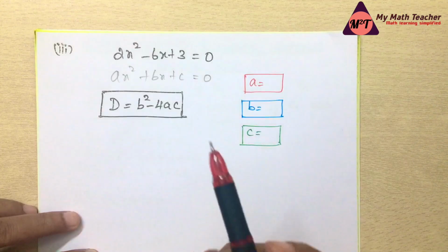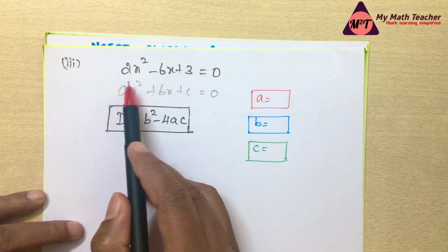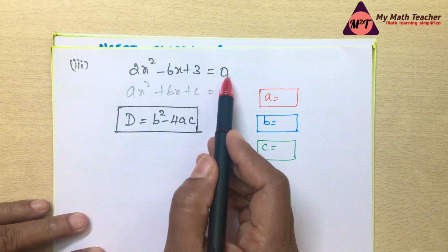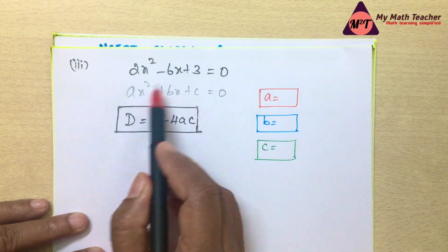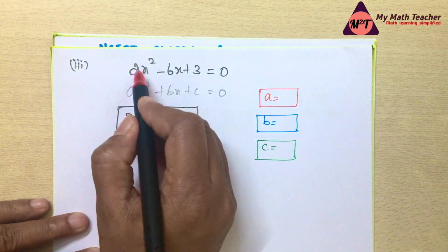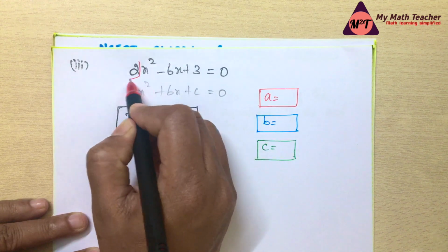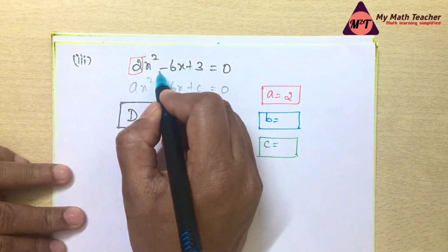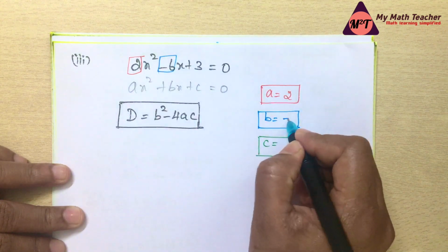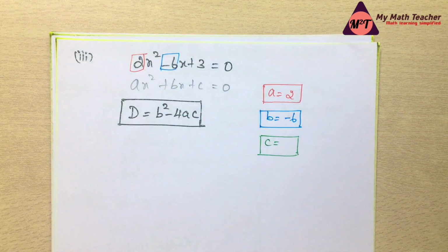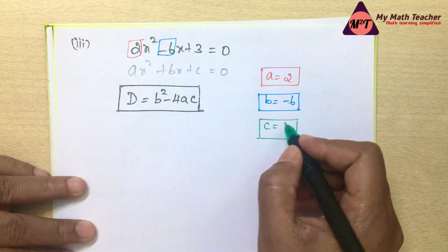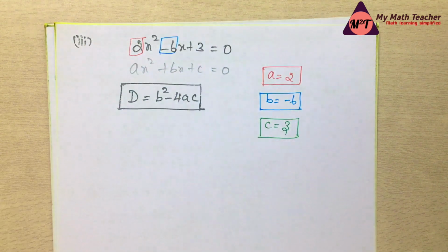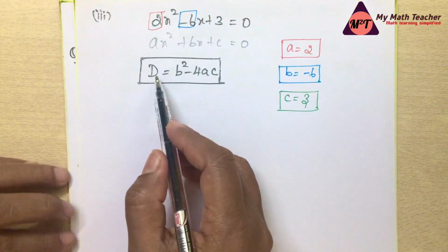The third subdivision, 2x square minus 6x plus 3 is equal to 0. Compare with the general form, ax square plus bx plus c. A here is 2, b here is minus 6, and the last one, c value, is just 3. Now let us apply the formula.